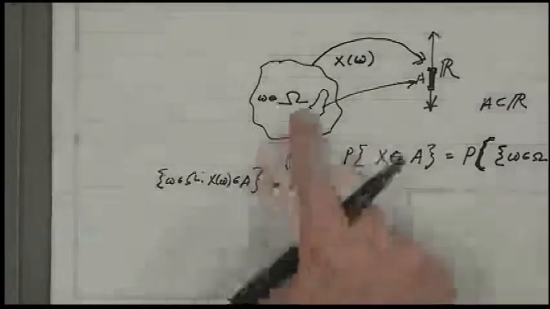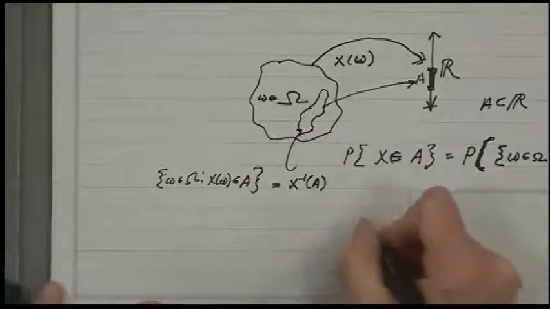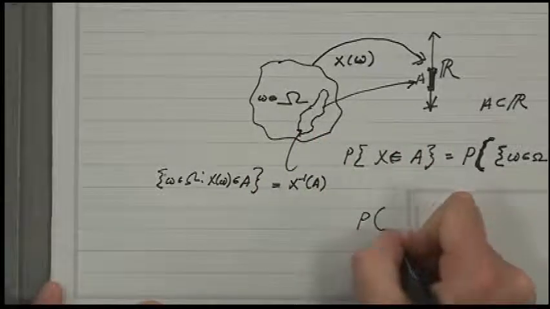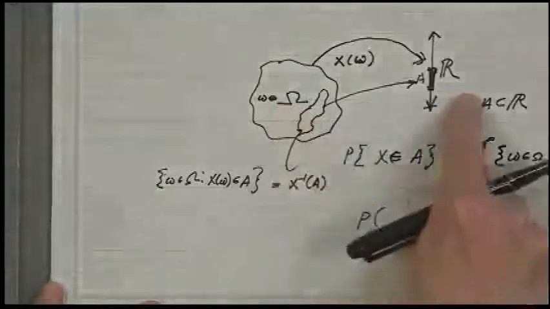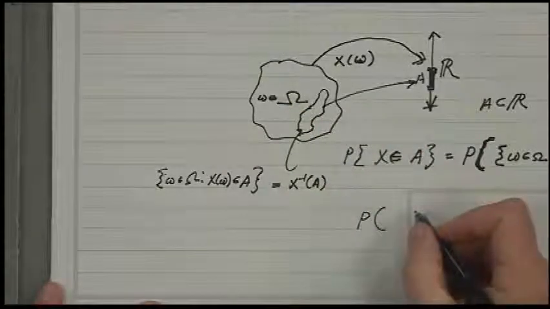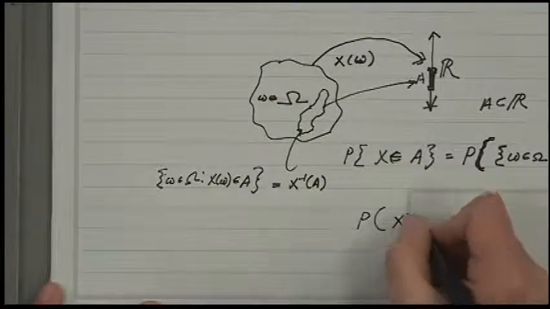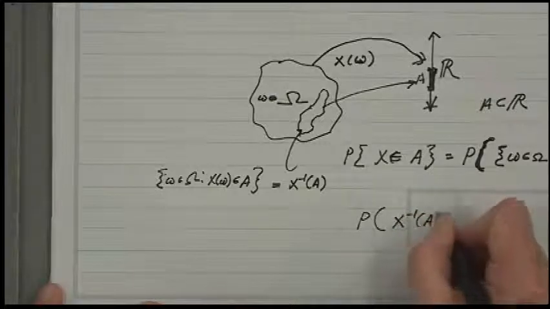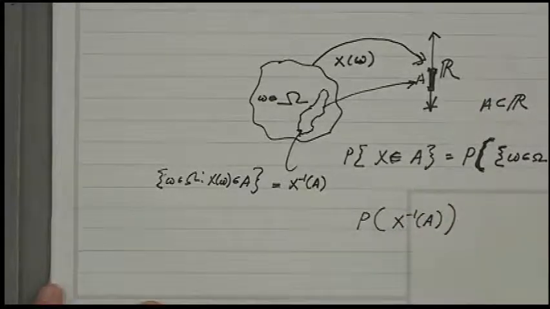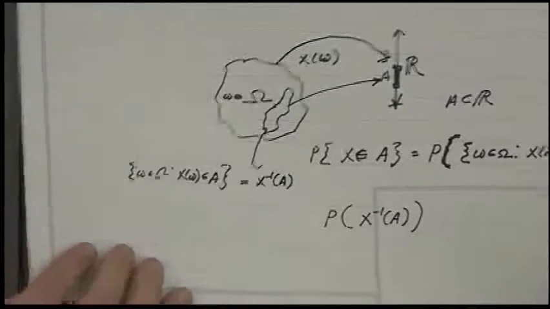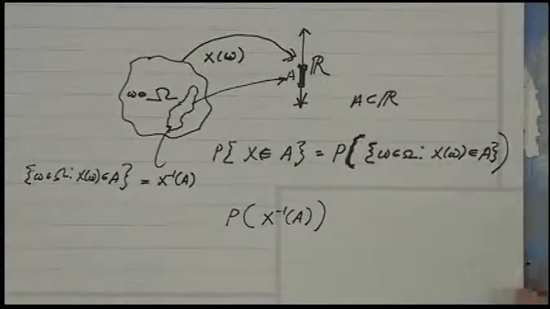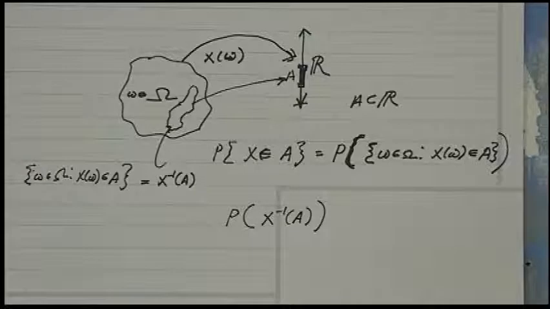And then the probability measure is really a measure on this space here, not on R. So you write P of X inverse of A. If you didn't already understand this before I started talking about it, it's kind of unlikely you would have picked it up just at this moment.